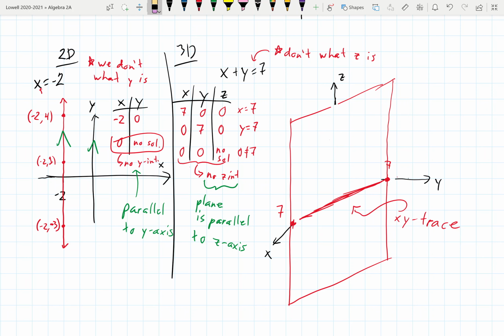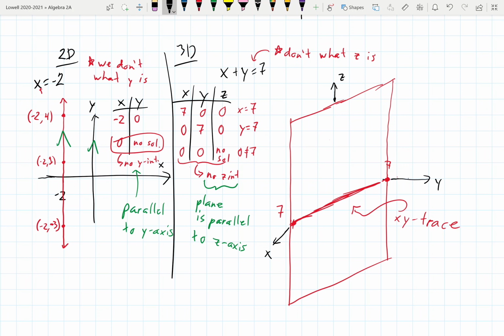And I will also erase a little bit of the axes to show them poking out from behind. Like that. Like that. And like that. So this plane is parallel to the z-axis.